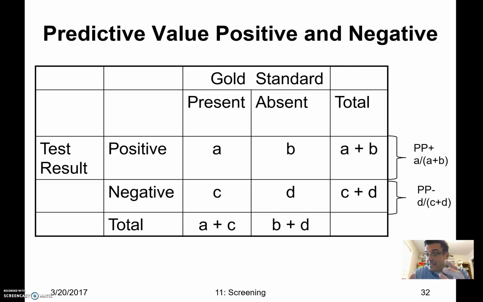So it's not incidence. This is how you would calculate the incidence in the exposed versus the incidence in the non-exposed. This is not that. This is trying to predict those that are positive using the screening test, and those that are negative using the screening test.